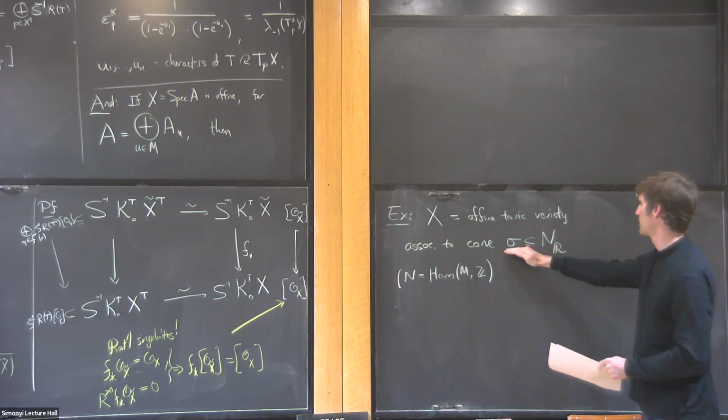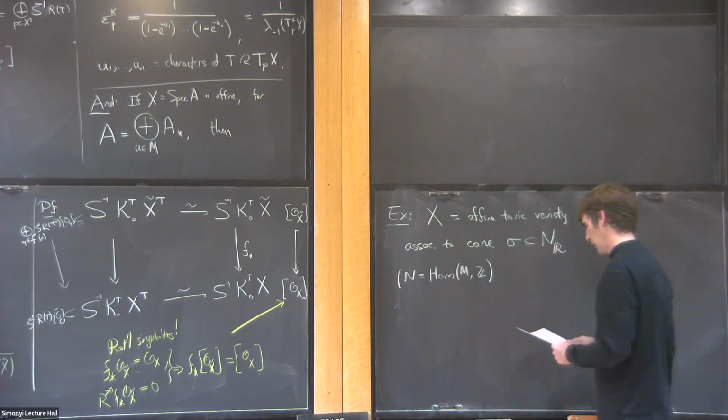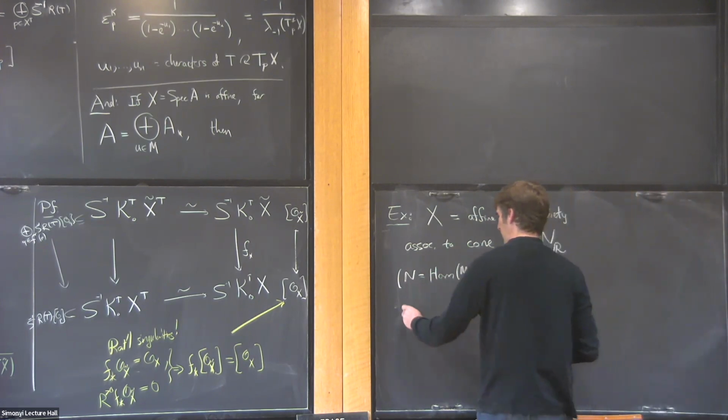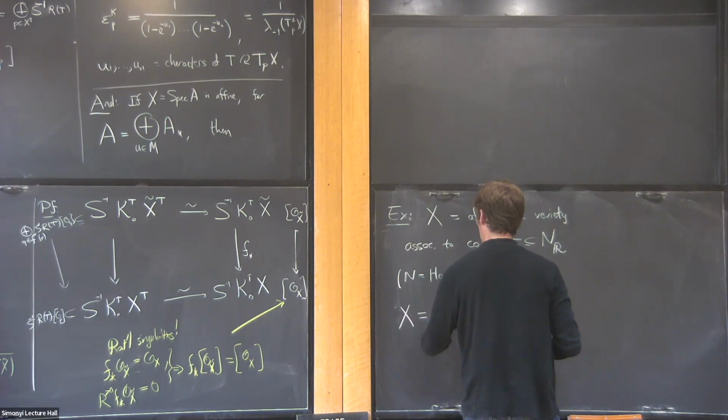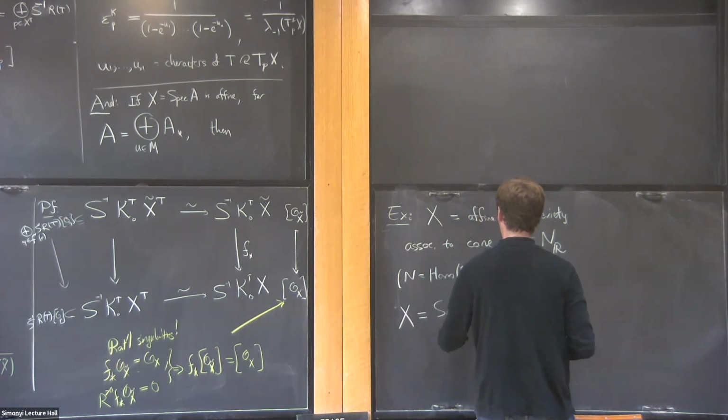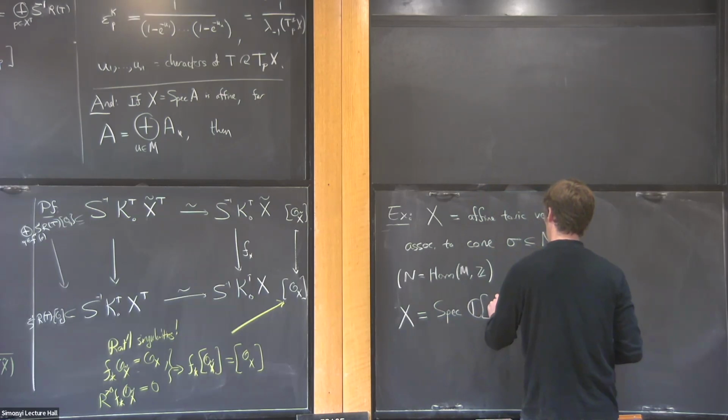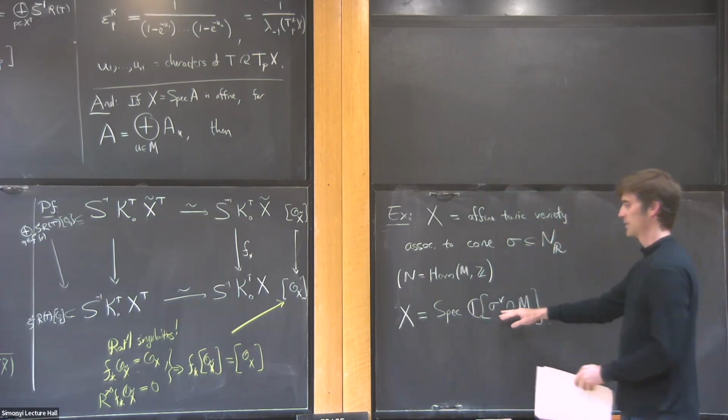We associate toric varieties to cones in N, and explicitly, what you do is you take some semigroup algebra corresponding to the dual cone, the lattice points of the dual cone.